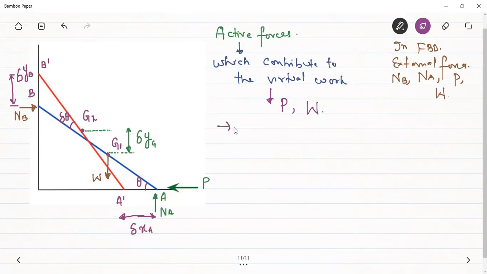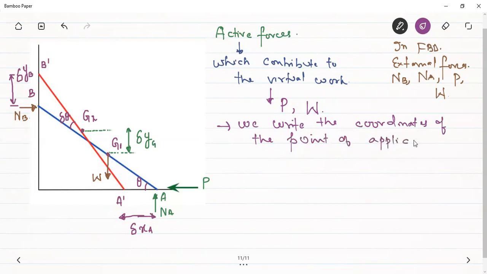What we do, we write the coordinates of the point of application of the active forces.